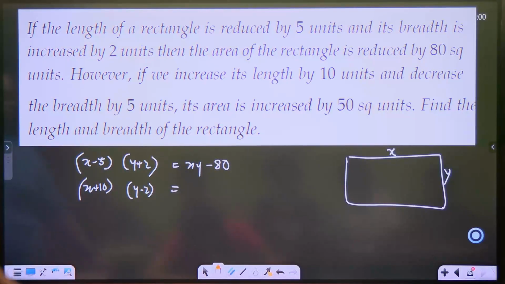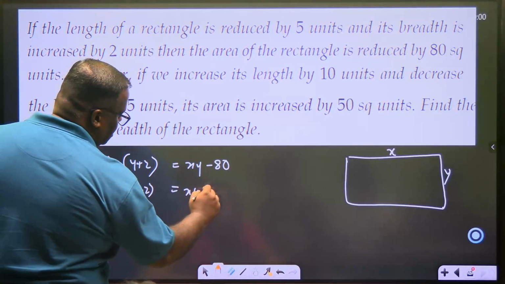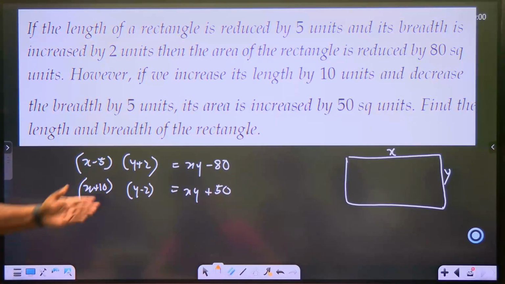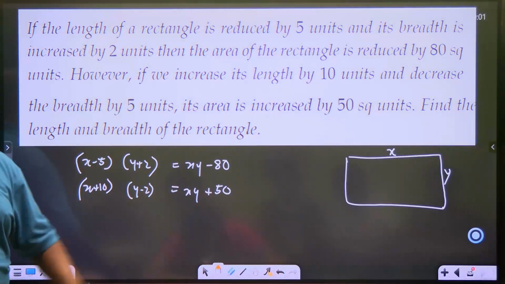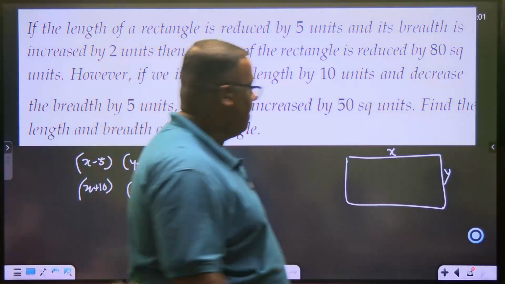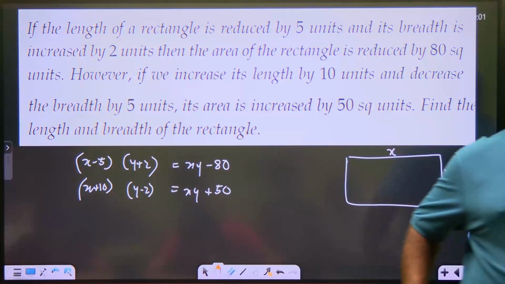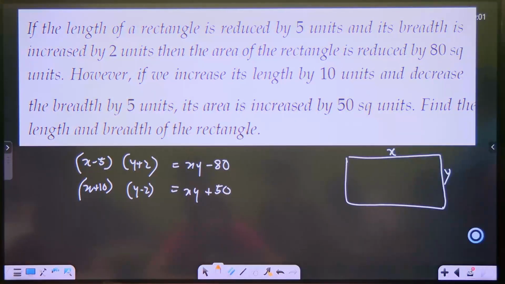The area is increased by 50 units. So this XY will actually cancel. With this, Om Sastina Swaha, linear equations in two variables समाप्त होता है.